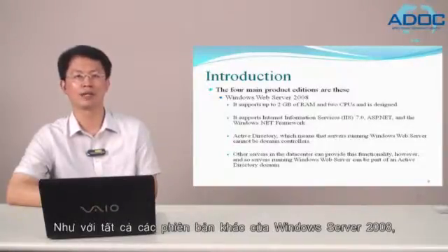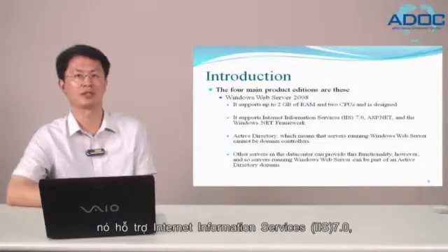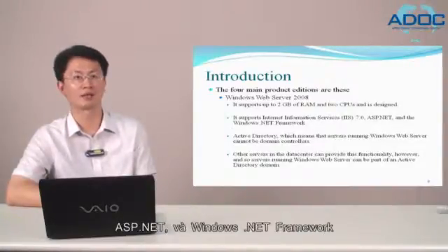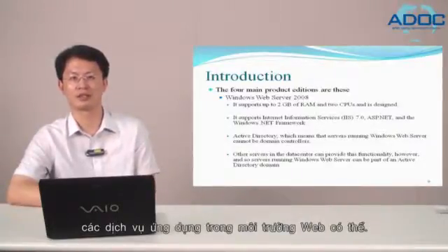As with all the other editions of Windows Server 2008, it supports Internet Information Services IIS 7.0, ASP.NET, and the Windows .NET framework. These technologies work together to make the sharing of application services in web environments possible.